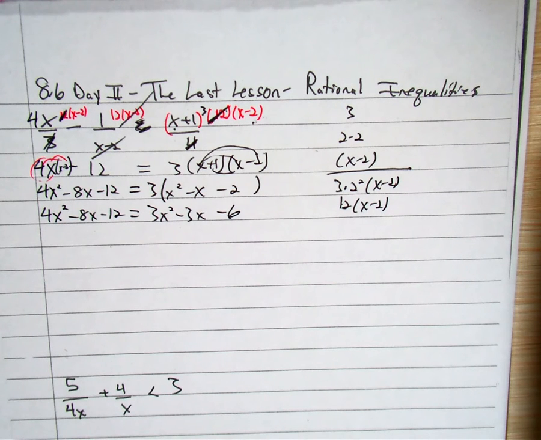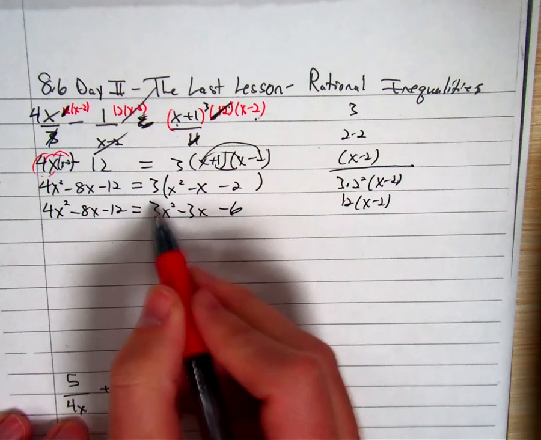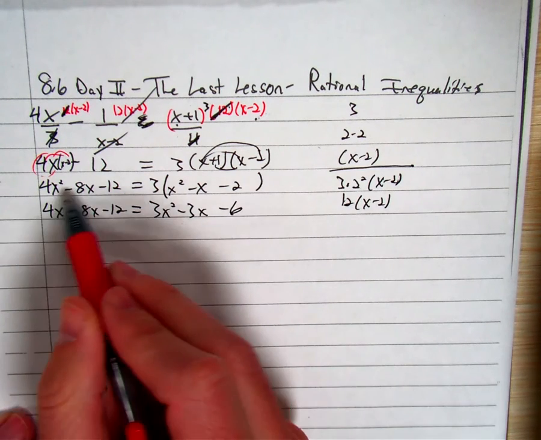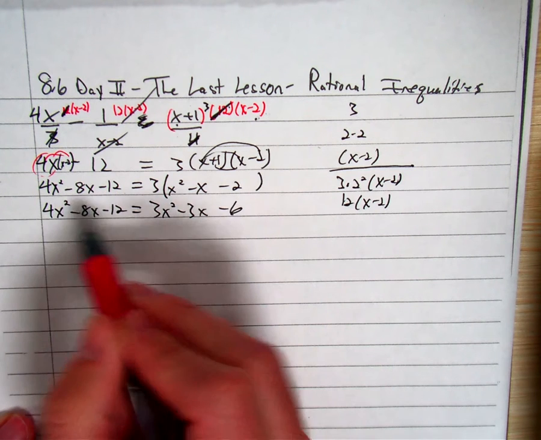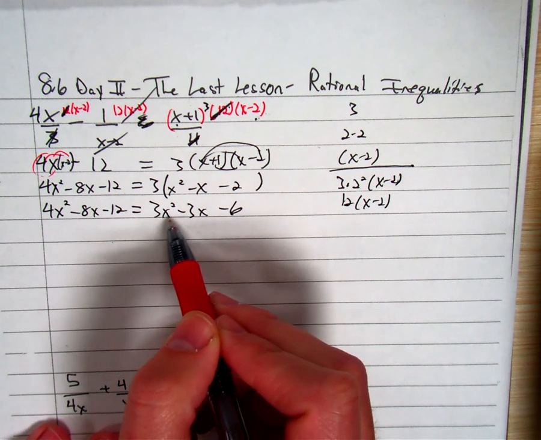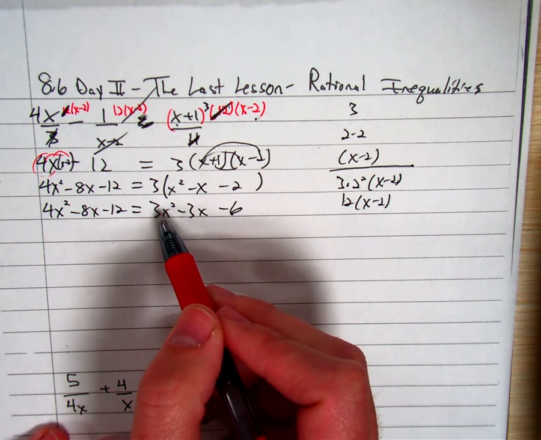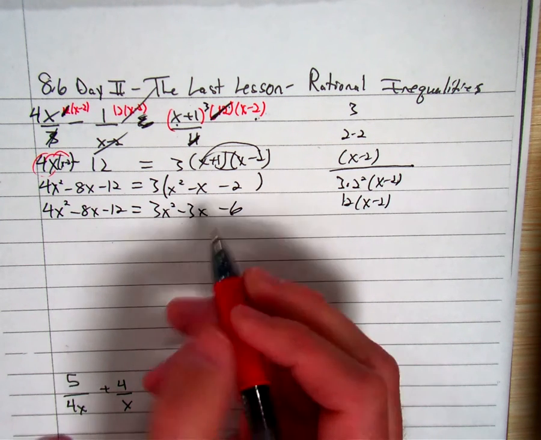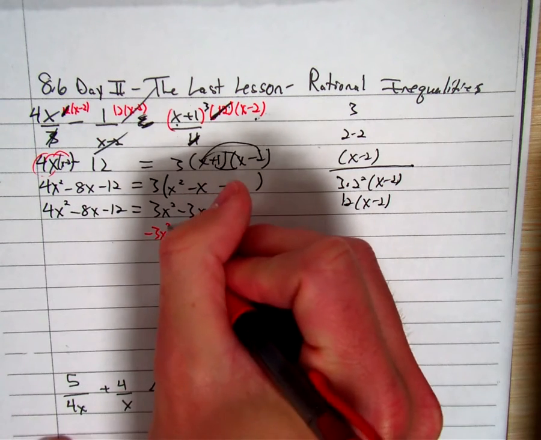Alright. Let's get everything onto one side. We're going to move all these over there. How do I know to move these over? Because I want to keep x squared positive. And if I subtracted 4x squared, we're going to end up with a negative x squared over here. So it's just good practice to keep your biggest exponent positive. So we're going to minus 3x squared.